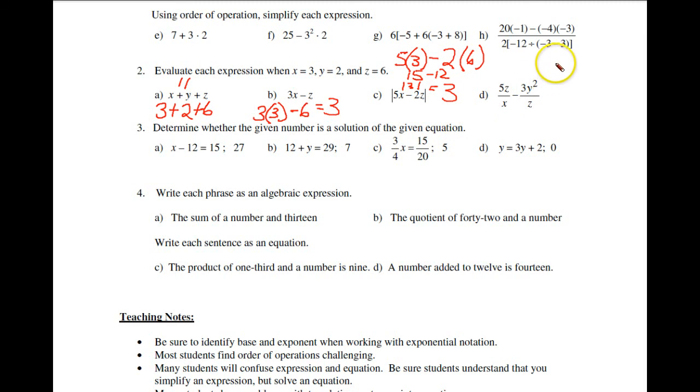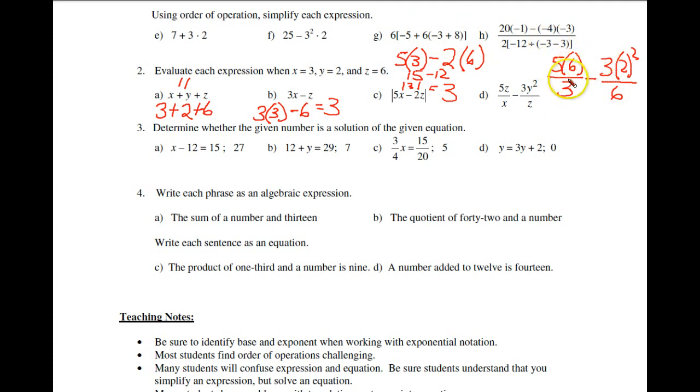And again, substituting carefully. 5 times z, which is 6, over x, which is 3, minus 3 times, now y is 2, that we're going to square, over z, which is 6. So again, we're going to use this, please excuse my dear Aunt Sally.